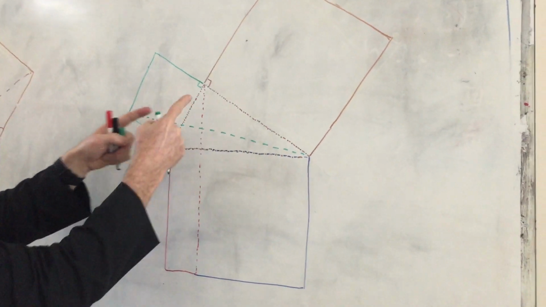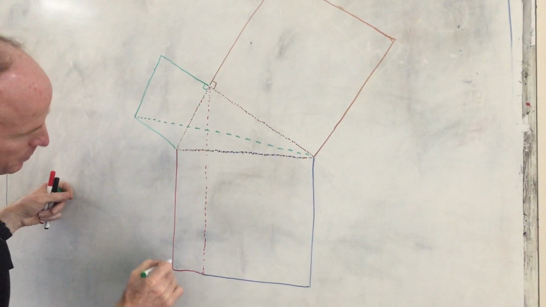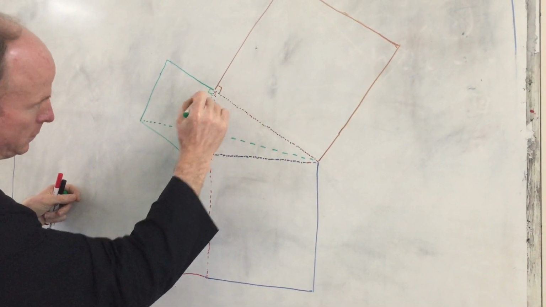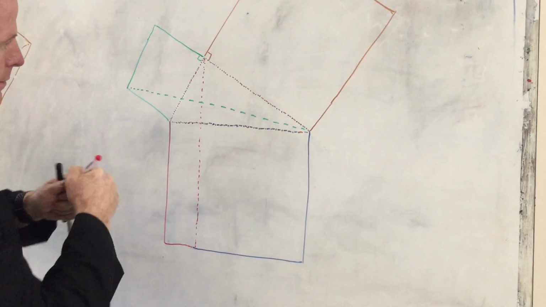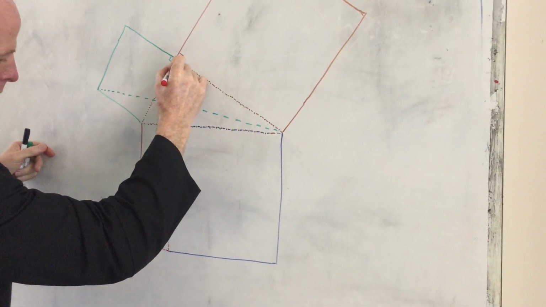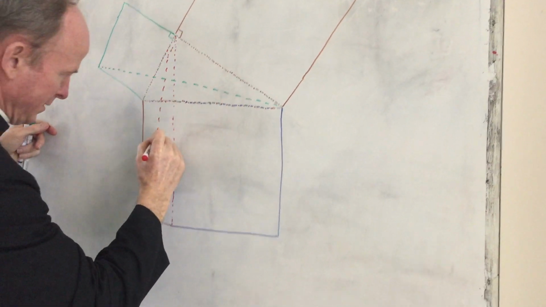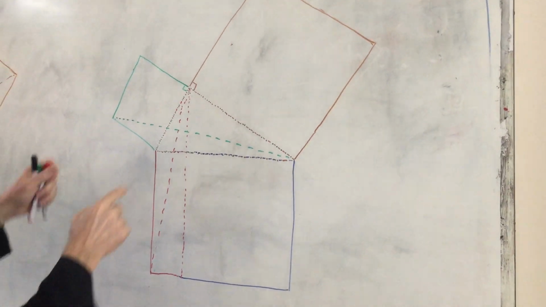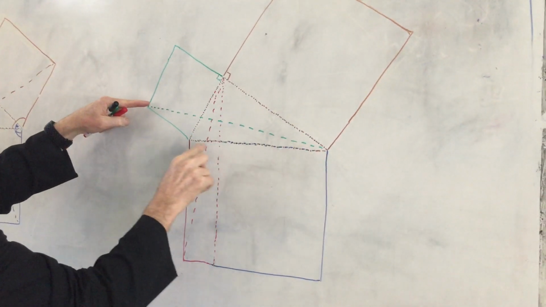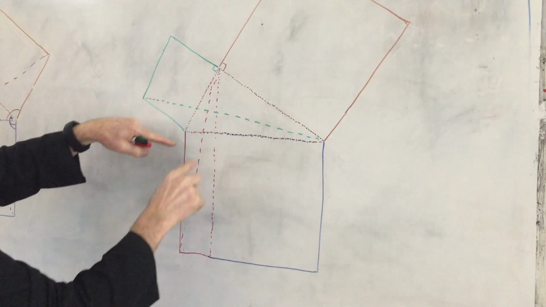Because again, we want to have a triangle on the same base with this parallelogram. Oops, I'm going to do that in red. Okay? So we're going to do the same thing. You got to now picture this triangle and picture this triangle.